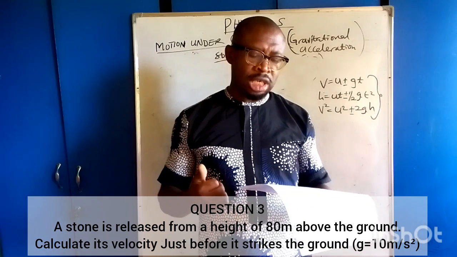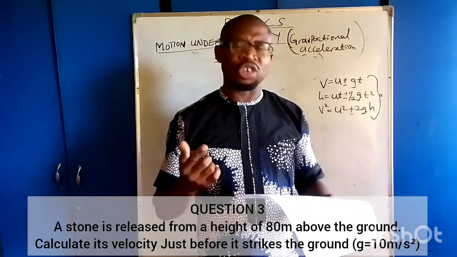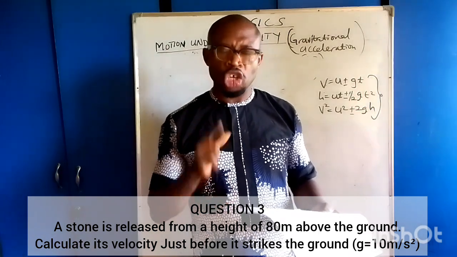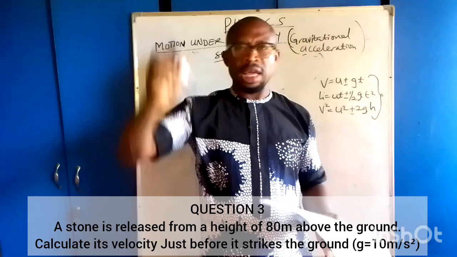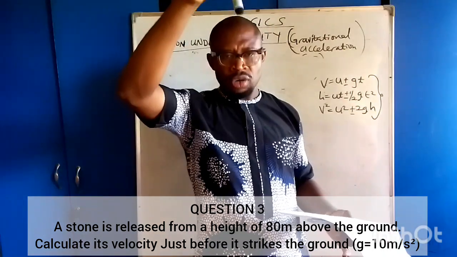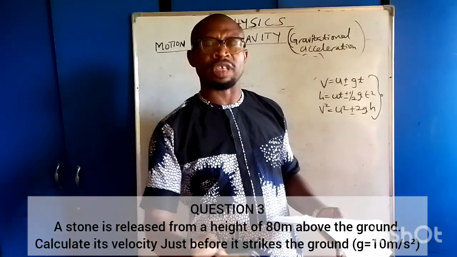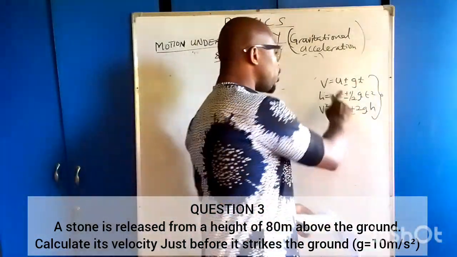Calculate its velocity just before it strikes the ground. Remember, released from a height. So when it's released from a height, it's moving in the same direction as gravity. Therefore, g should be positive.